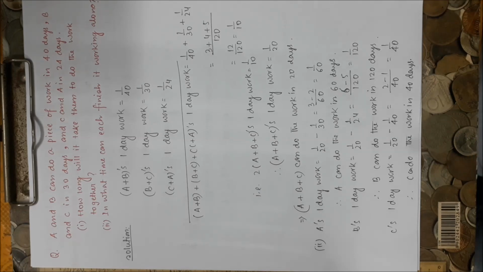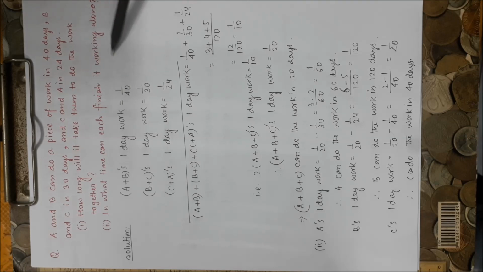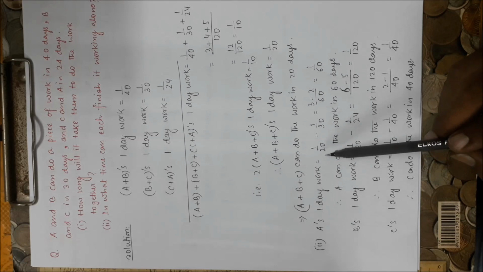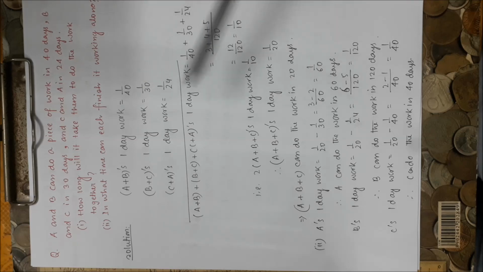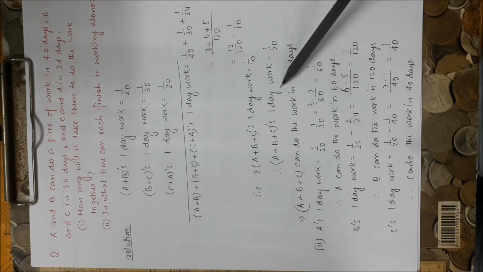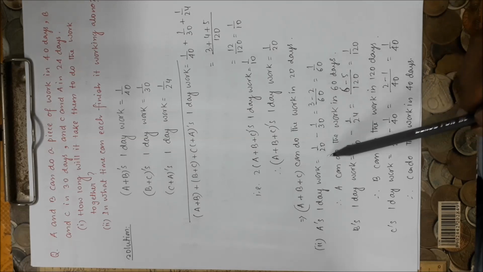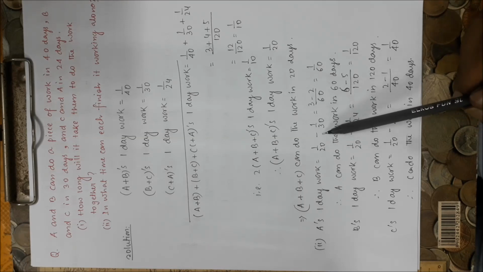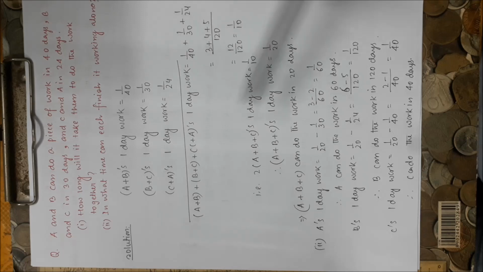Now in the second part, we need to find out in what time each can finish it working alone. 1 day work of A: if you subtract the work of B and C from the work of A, B and C, then you will get the work of A. So 1 day work of A, B, C equals 1 by 20, minus 1 day work of B and C, which equals 1 by 30.